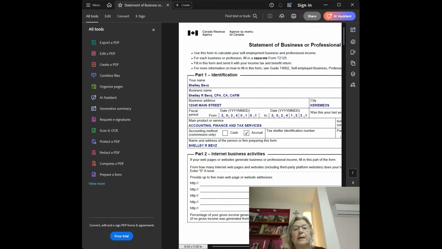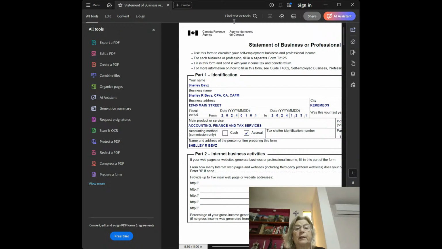Find out if this guide is for you. This guide is for a sole proprietor, unincorporated, self-employed individual who is any or all of the following: a business person, professional, commercial salesperson. And a commercial salesperson in this case is different from an employee who earns commission. You might be a salaried employee and you earn a partial commission.